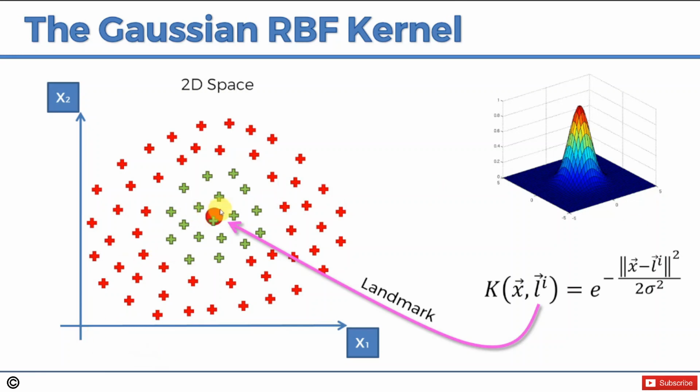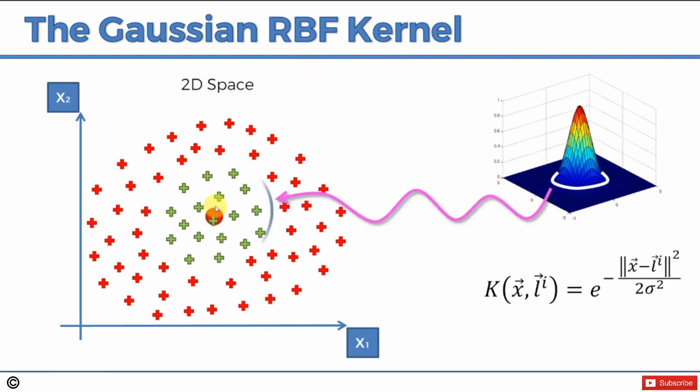And so the landmark is placed, and next what happens is the distance, as you can see here, the circumference around this kernel function is actually projected onto our visualization. What this circumference allows us to do is take all of the points within that circumference and assign them a value above 0.